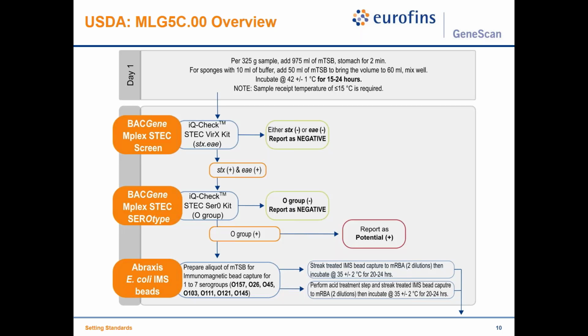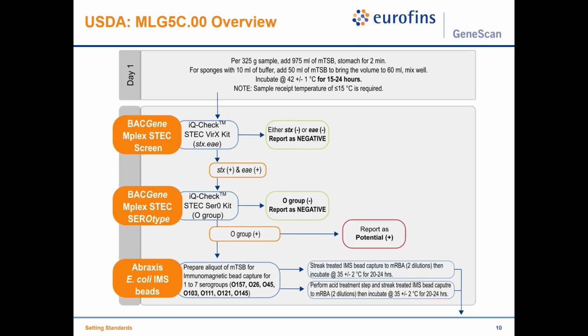But still, I think also for our workflow, this next part is still pretty relevant because I think it's actually quite a nice tool. We do have IMS beads, so beads to get your bacteria out of the enrichment broth in our portfolio as well. So this is something that we can use later on. I will explain also as a tool to control if you have a true positive or not.